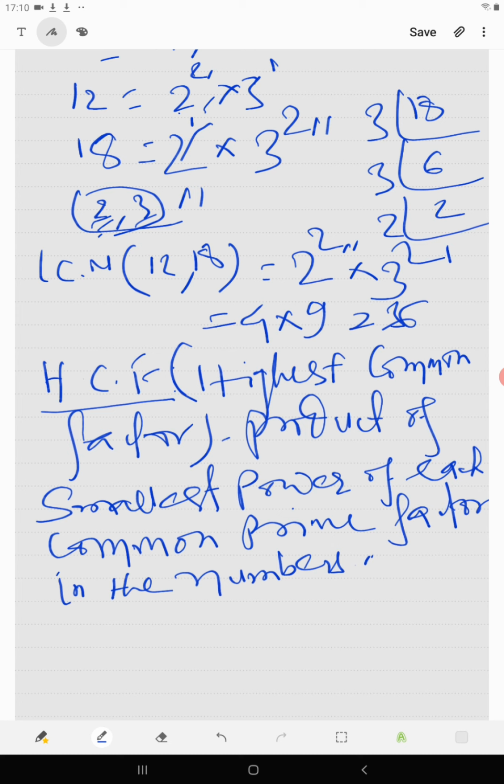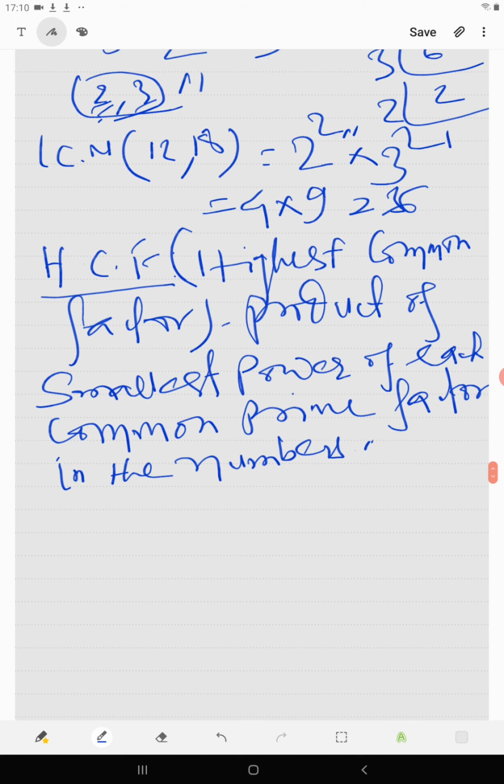So we will select only the common prime number that is common between the 2 or 3 or n numbers, if we are taking HCF of 2 or 3 or whatever number of numbers. It will select only the common prime factor, and also the smallest power of it.